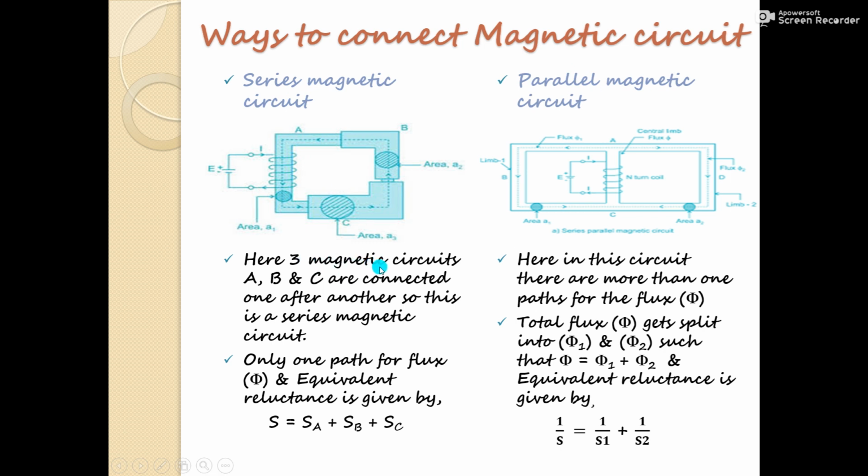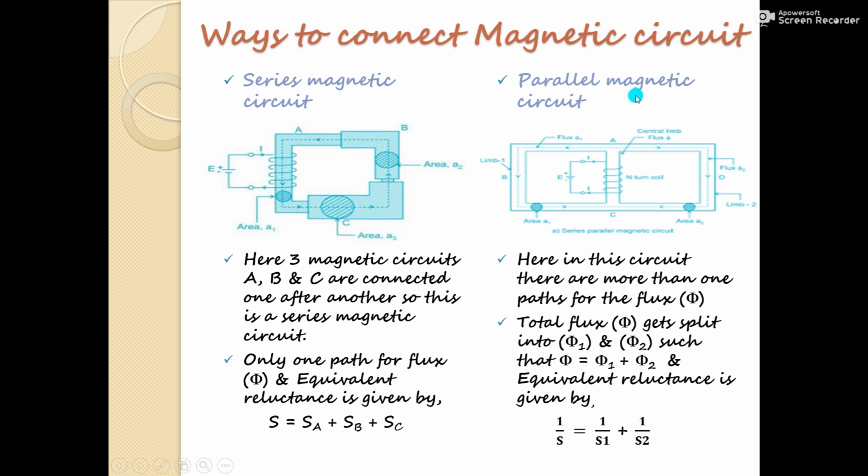Here, the three magnetic circuits A, B and C are connected one after another. So this is called a series magnetic circuit. Only one path for the flux is provided, and the total reluctance S is equal to SA plus SB plus SC.